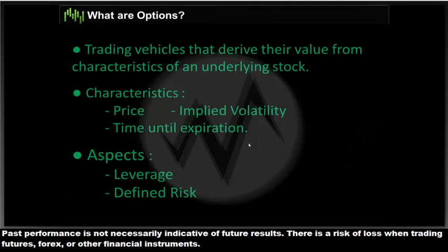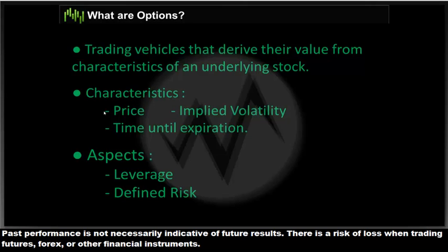So moving on to our next section, I want to start talking about a topic that I'm very excited about, and it's my options live trading room: options. What are they? Basically, options can be thought of as trading vehicles that derive their value from characteristics of an underlying stock.